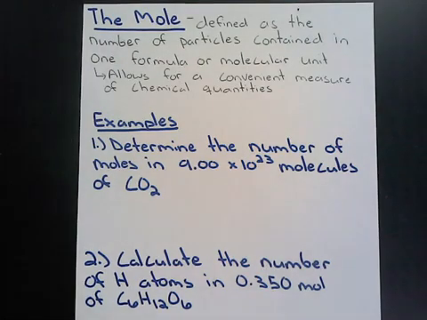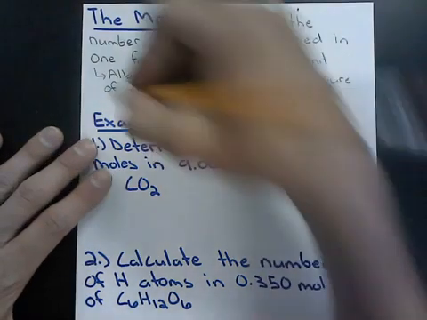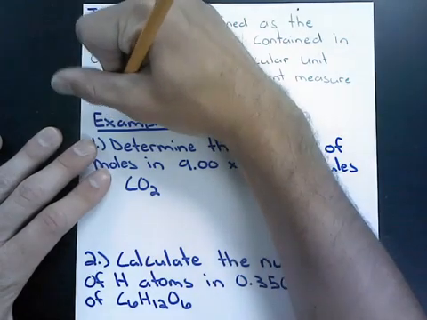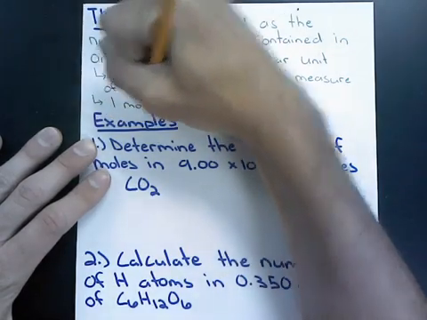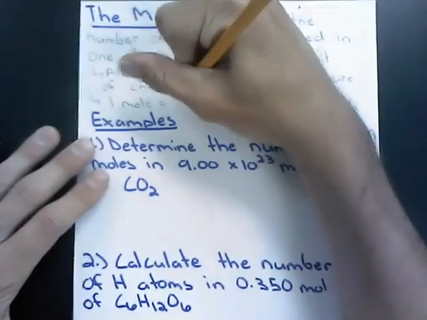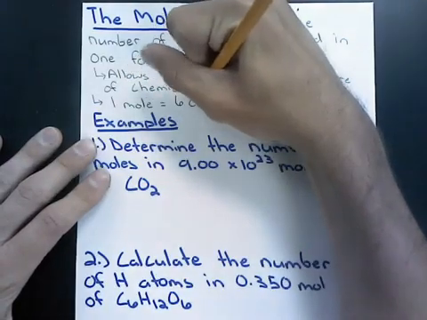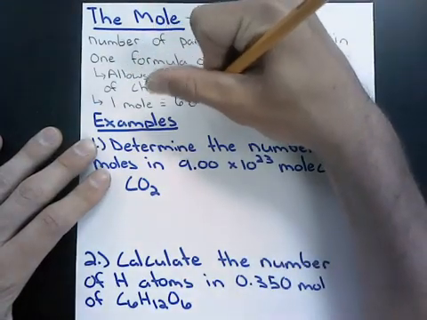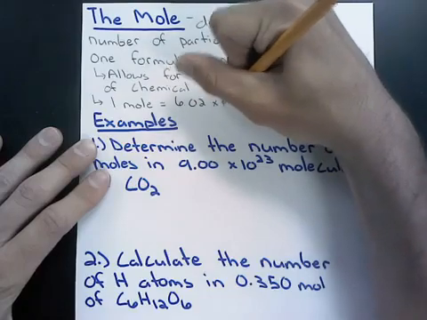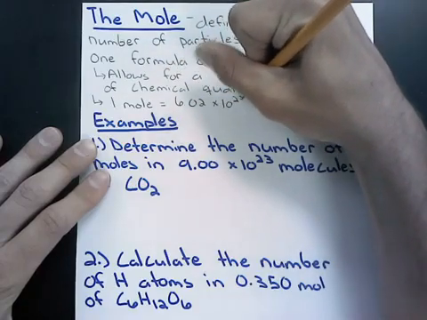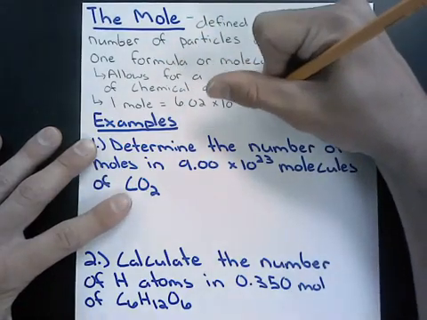Now for us, the chemical mole, or 1 mole, is going to be equal to 6.02 times 10 to the 23rd particles.